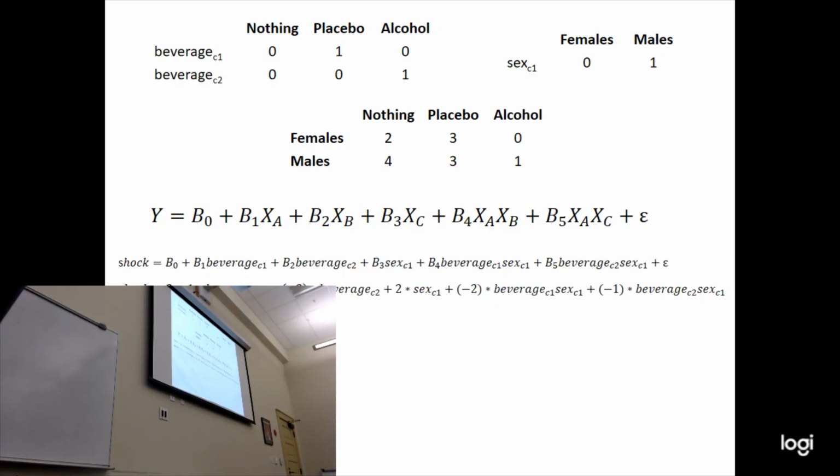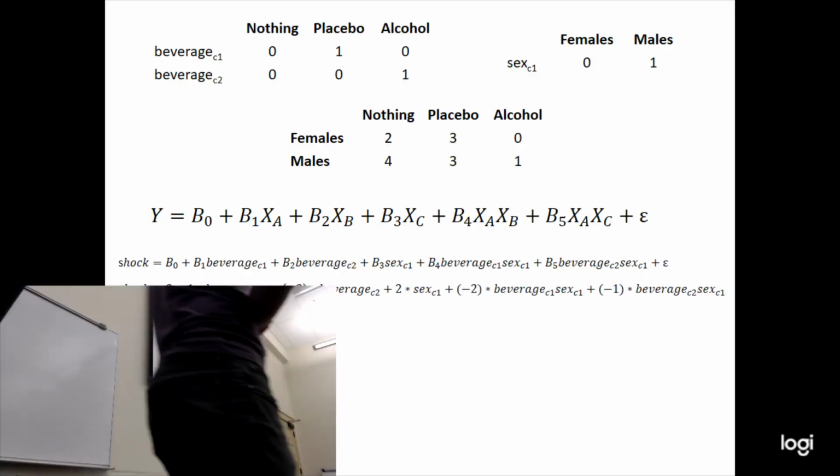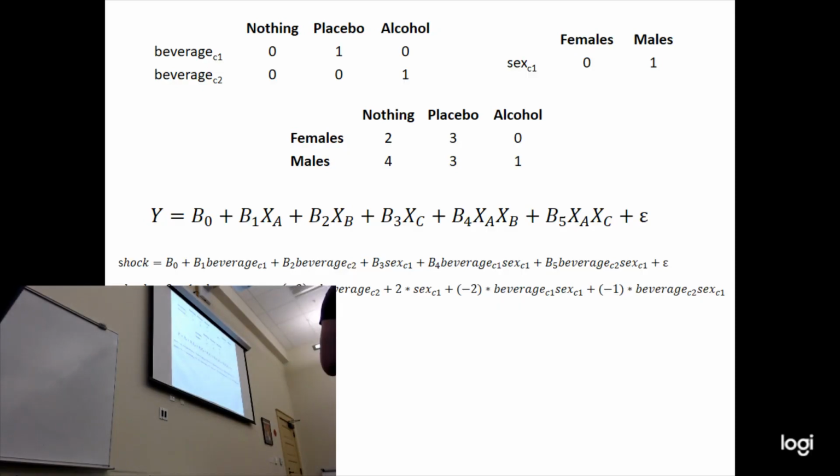So for your third x, or x sub c, that's the mean difference between males and females at the reference group of nothing, right? Yes, absolutely. Which coefficient are you talking about?